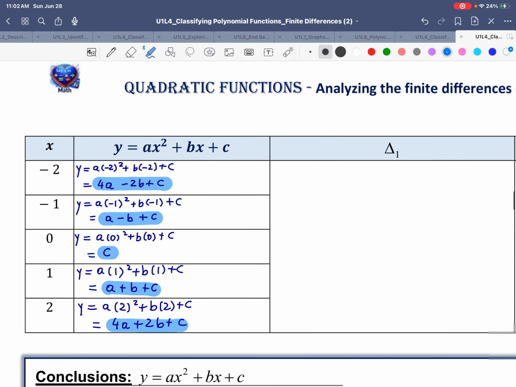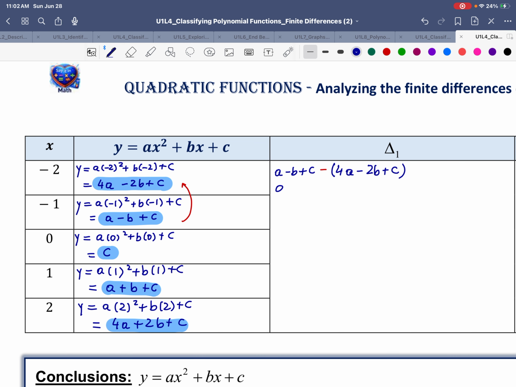So we're going to start off with finding the first differences. Remember that we are subtracting the previous term from this y value. So we're going to subtract from a minus b plus c the previous y value. You see that there are 3 terms in here, so when you subtract more than one term, you've got to keep them in brackets to ensure that every term is being subtracted correctly.